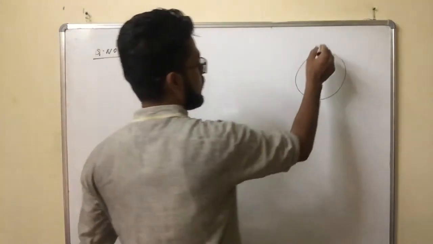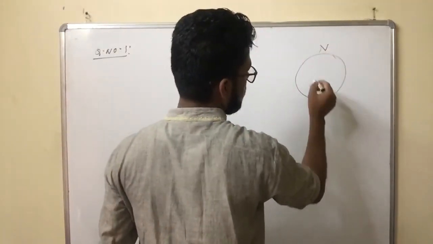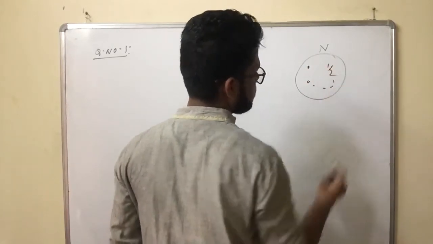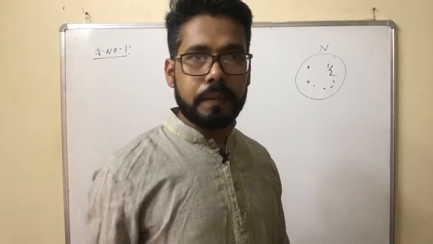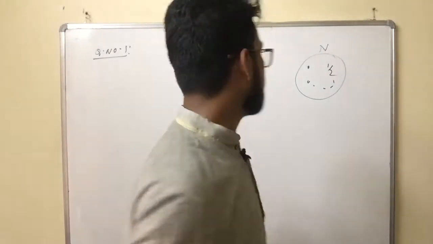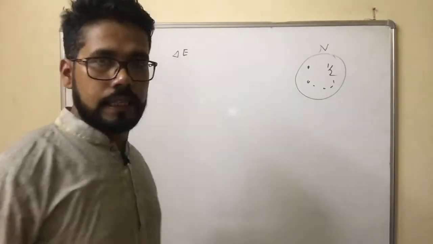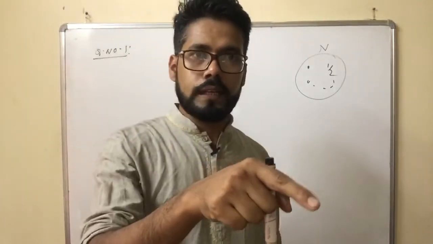So N particles, each a spin-half particle, placed in a magnetic field, will show energy shifting. In the NET GATE question, they will also give the energy expression.